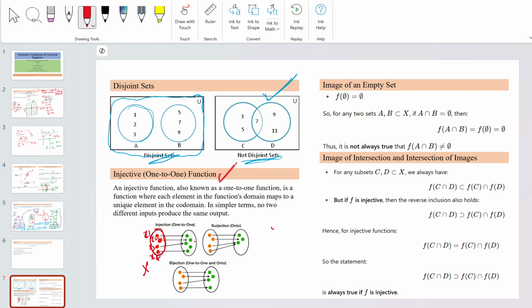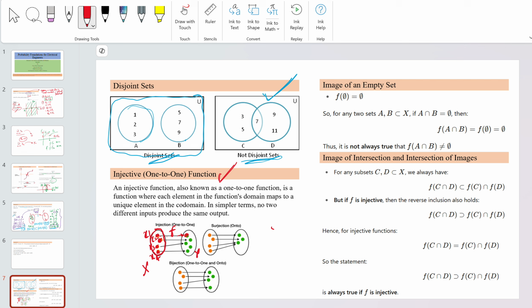Through some function, we get the output y. So one particular element has one single output. So it is called one to one. One to one means one input, one output. It will not happen that you get two outputs from a single input.